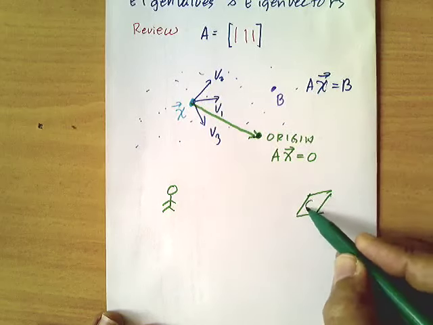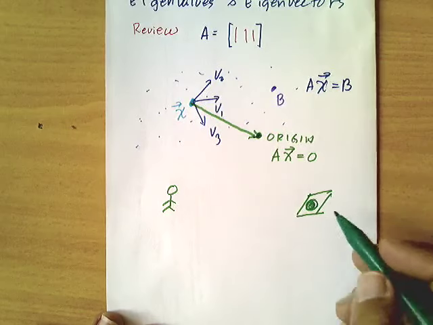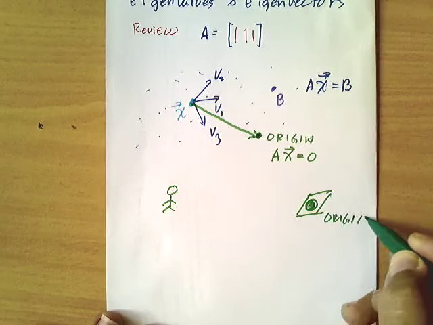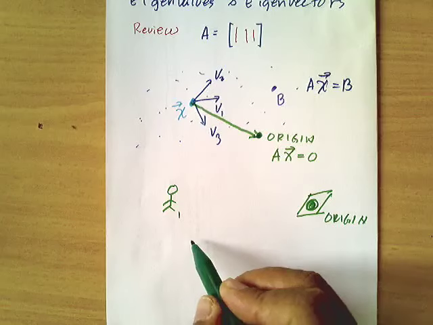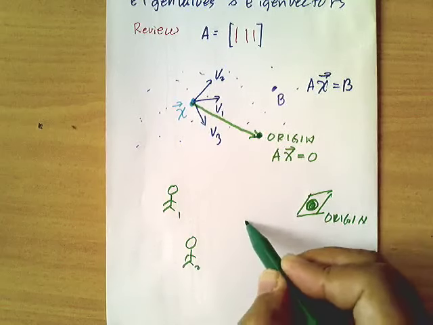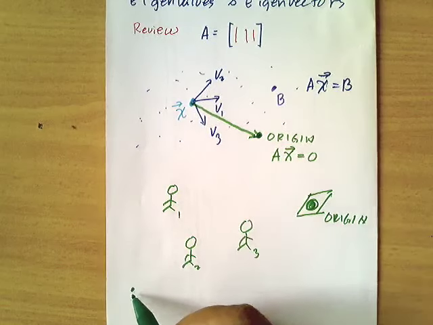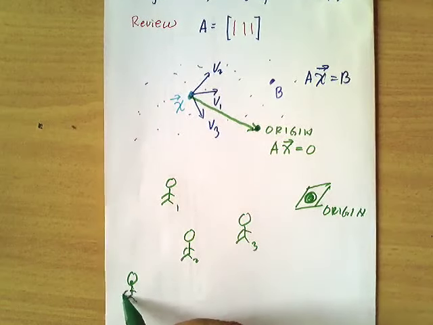And let's say that this one is the origin. And these are the players. This is player 1, let's say player 2, player 3, and this is player 4.